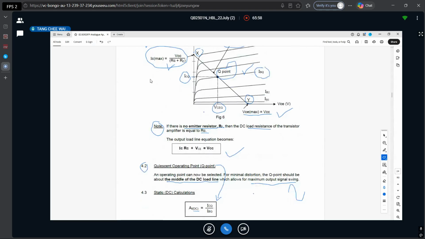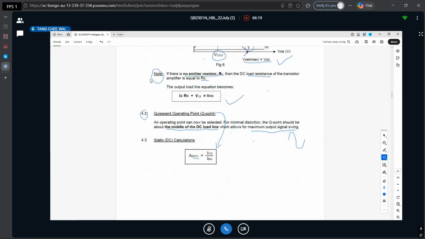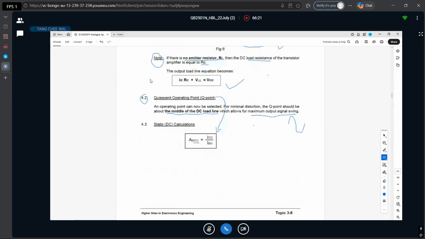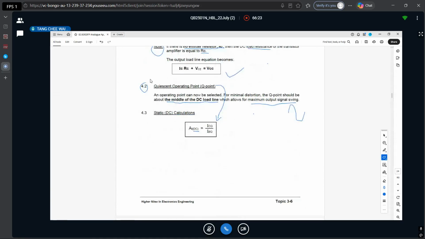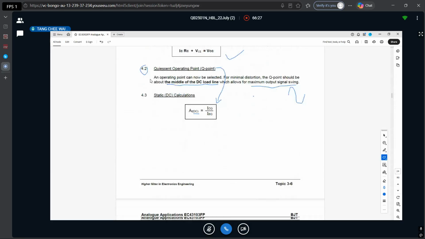Then ICQ over IBQ, this one and this one. Don't worry, when you come down further, we have examples we can work out, and then you will get better understanding. So that's how you find your static DC current gain by getting the values from the Q point, which I just showed you.